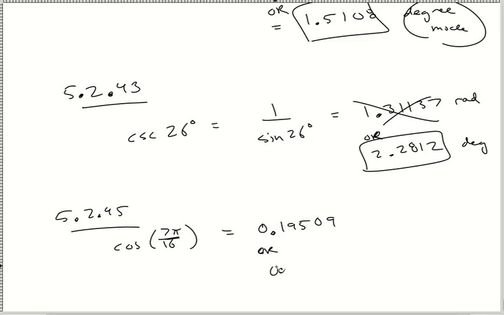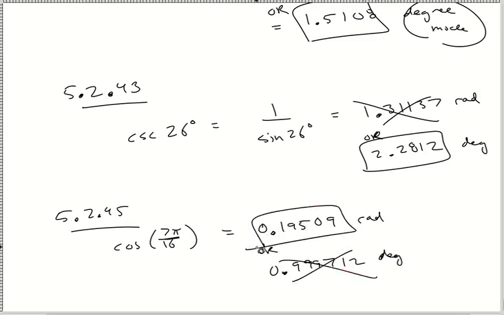I got 0.999712. This came from radian mode. This came from degree mode. This is not my answer. This is my answer. Is there a way to just know that you're doing it right or not? Not consistently. It's very difficult to know if you're right or wrong, if you're putting in the correct decimals or not, without checking the mode. You got to check the mode.